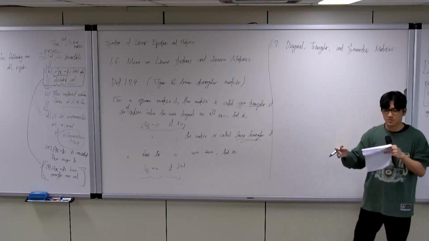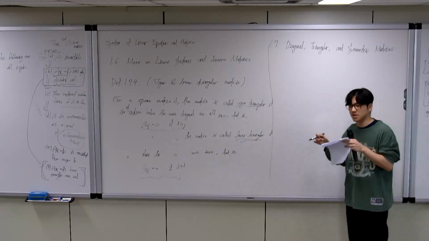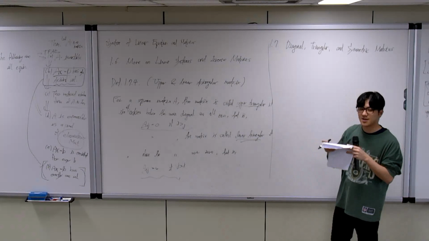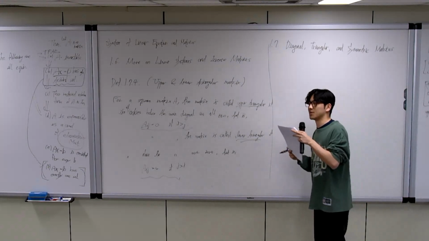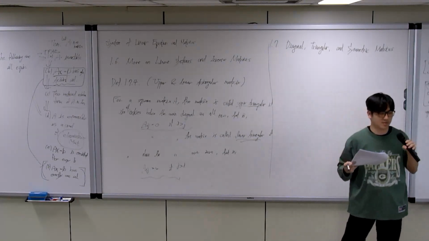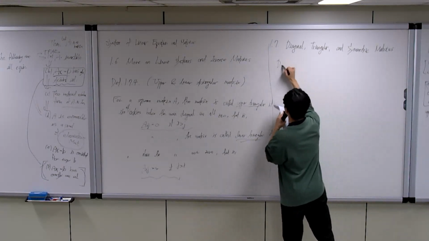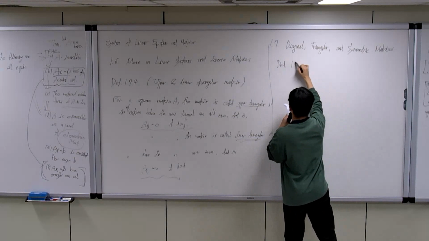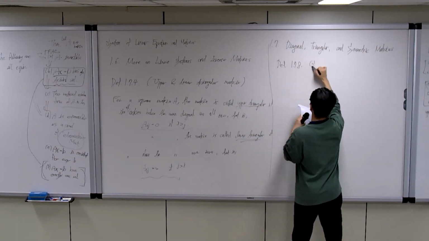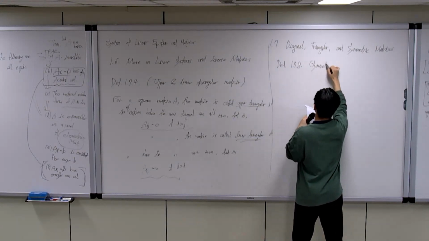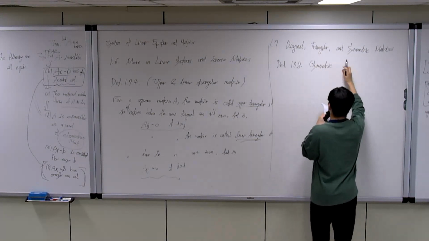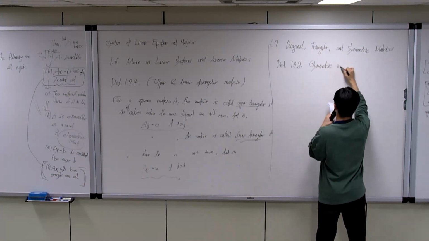So after I explain what the adjoint matrix is after class, I will prove this statement. And finally, I will explain the symmetric matrix.